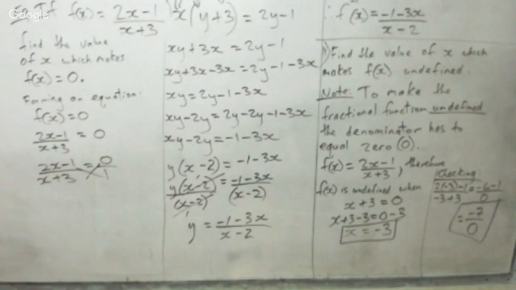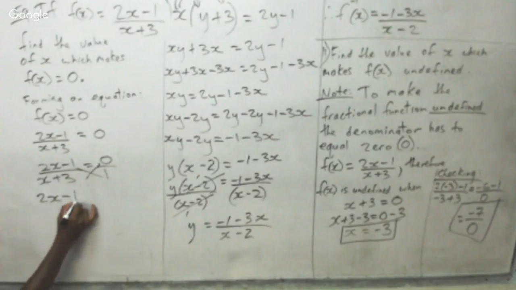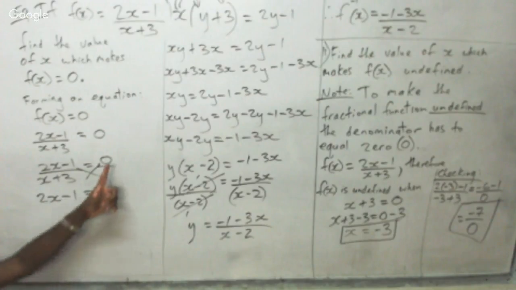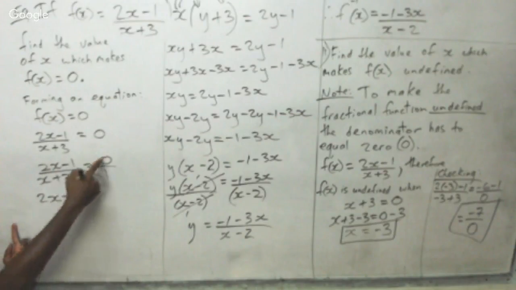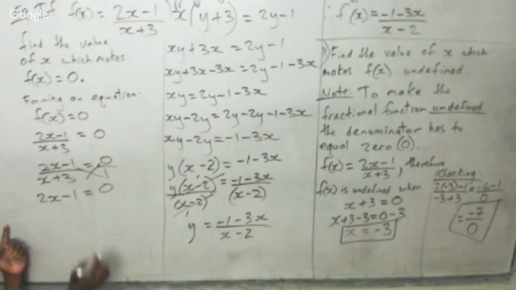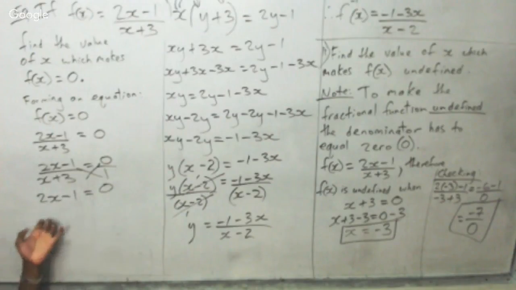Cross multiplying now, 1 times this is the same thing. 0 times anything is what? 0. So this is what you end up with. How do we find x?